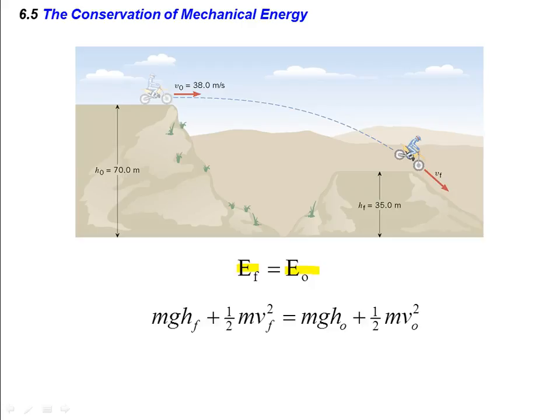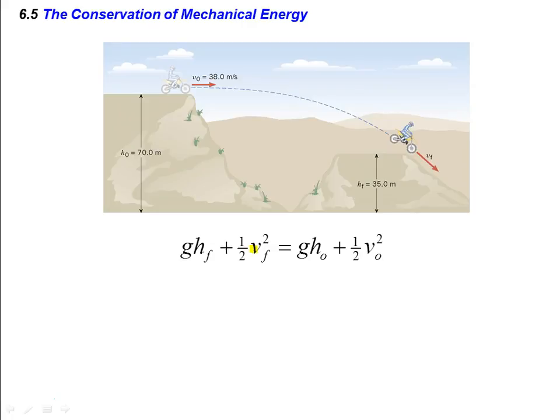We can split that up to say mgh final plus 1/2 mv squared final has to equal mgh initial plus 1/2 mv squared initial. The only thing we're looking for is this final velocity. So we do a little algebra, and we can cancel out the masses because there's a mass in every term, so we don't need to know the mass of the motorcyclist.